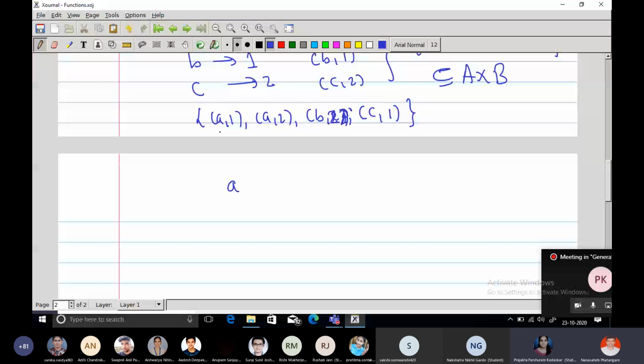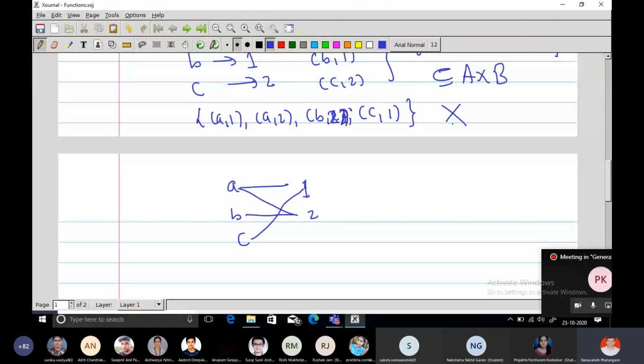A is assigned with this as well as this, and B is assigned with 2. So what is the problem? The problem is A is assigned with two distinct objects. That means student A is assigned with two distinct roll numbers. That is a problem. So this is not a proper assignment, right? This doesn't give definite information.